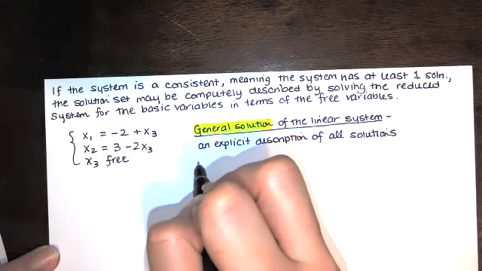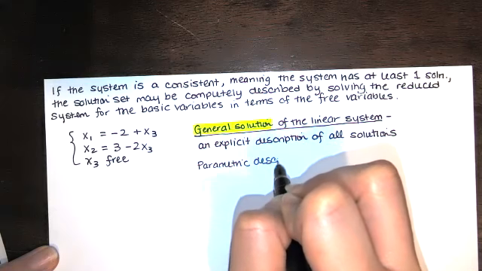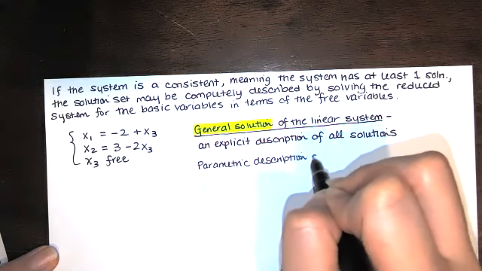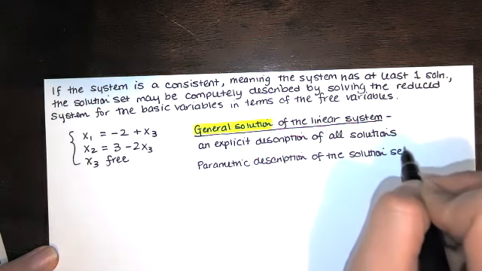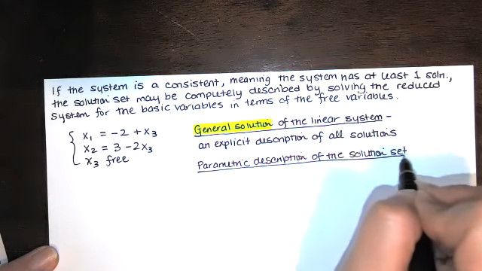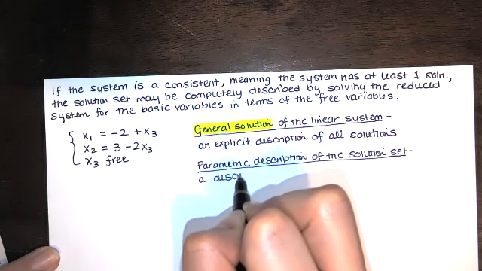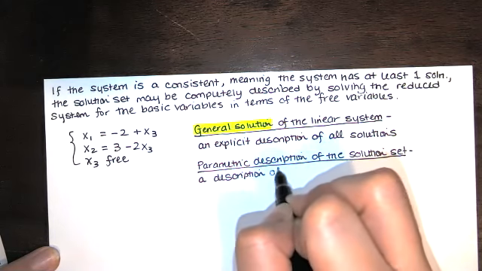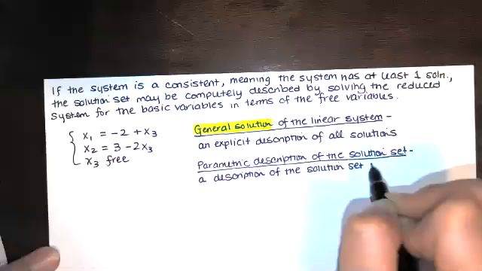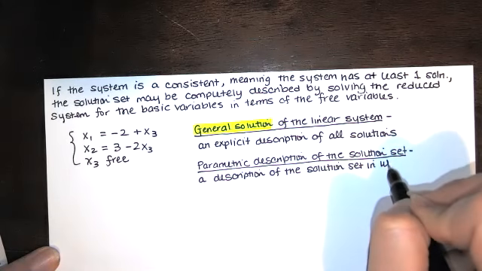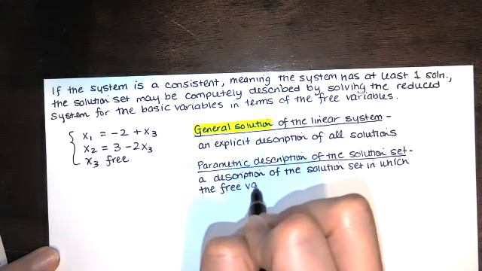This is closely related to what we call the parametric description of the solution set. This is a description of the solution set in which the free variables act as parameters.